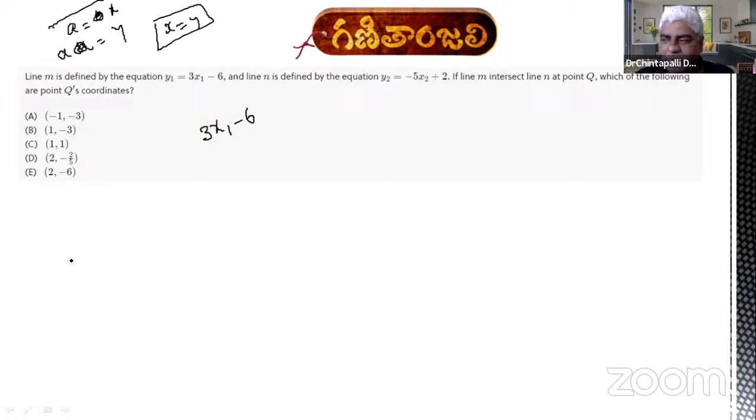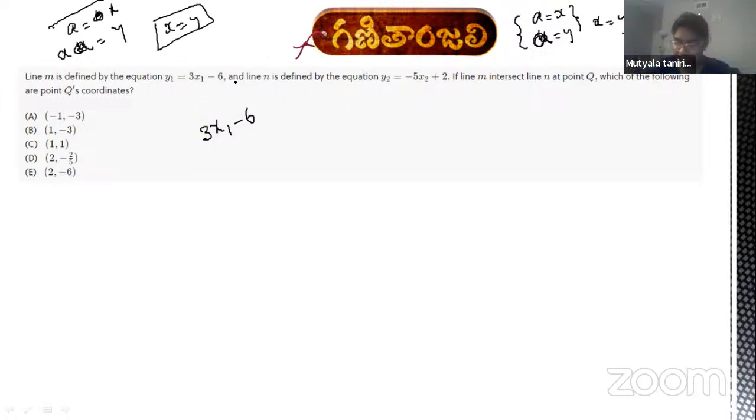One of the basic axioms is this: if a is equal to x and a is equal to y, since these two are equal, x must be equal to y. So we can convert these equations.